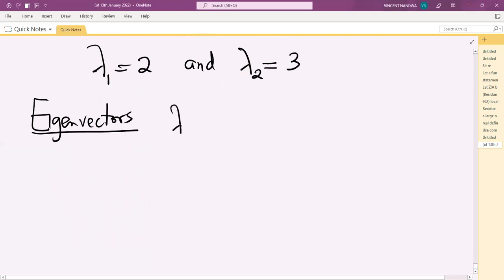So eigenvectors, let's start with lambda 1 equals to 2. We'll have to solve the equation A U1 equals to lambda 1 U1.